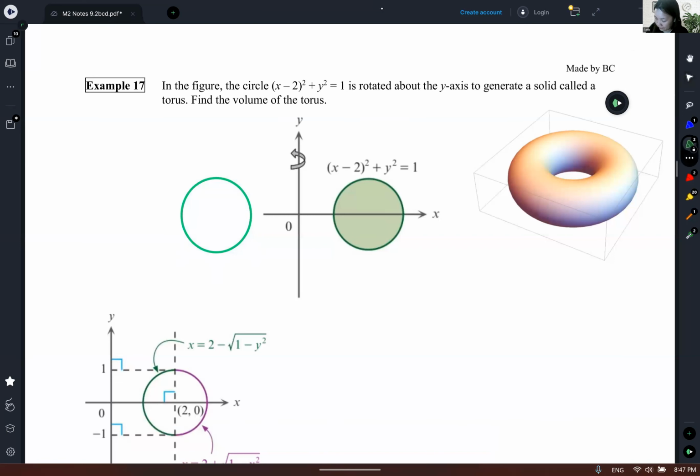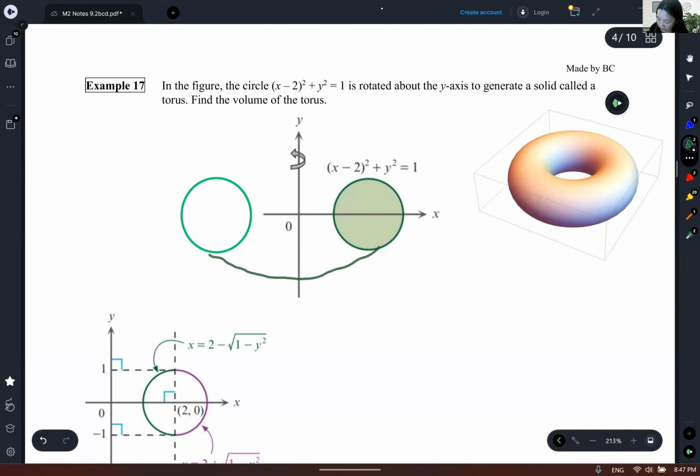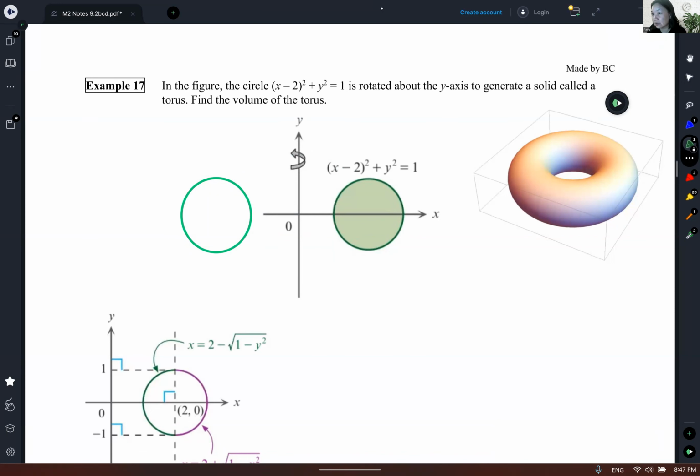Of course, there are lines here, like this, but I'm not going to draw that. It's too messy. But imagine this is a 3D shape. This is the 2D. I'm just looking at the cross section.